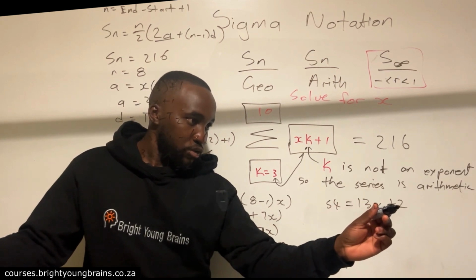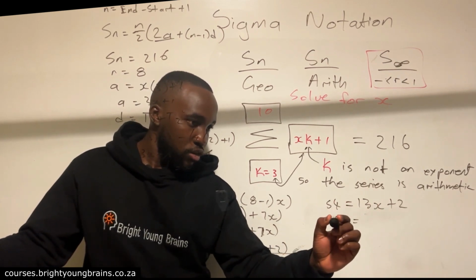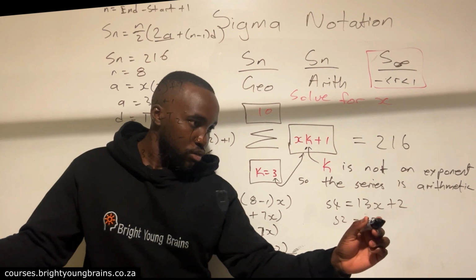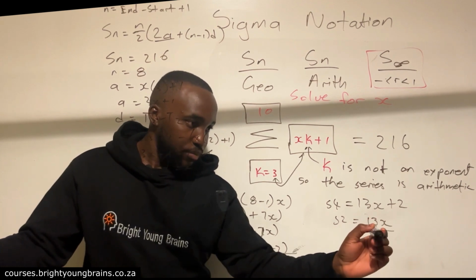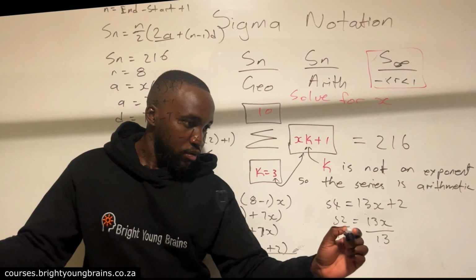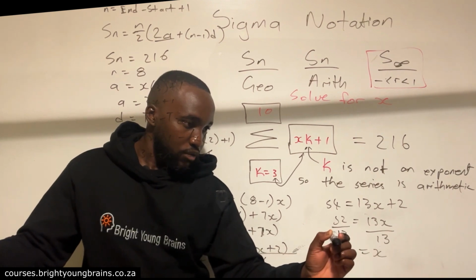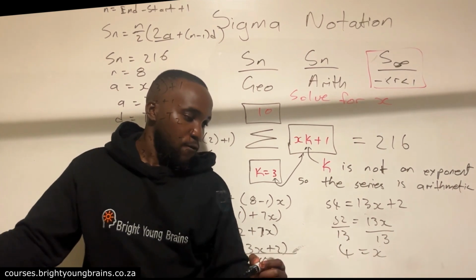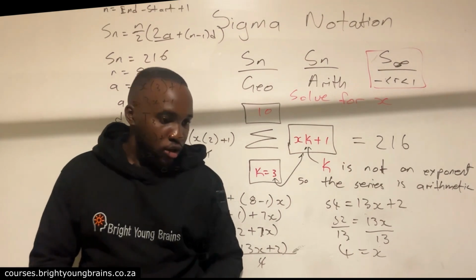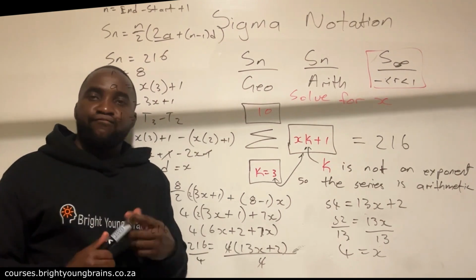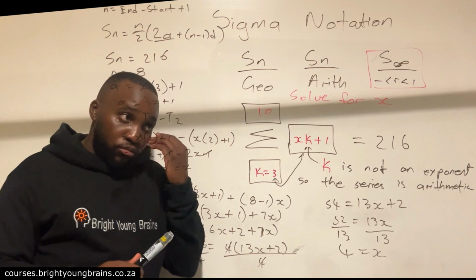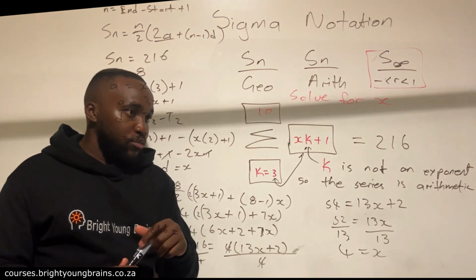And then if the 2 goes to the other side, you can have 52. And then if you divide both sides by 13, our value of x is the 4. There we go. So if you make mistakes, you can always just backtrack your steps and you should be fine.